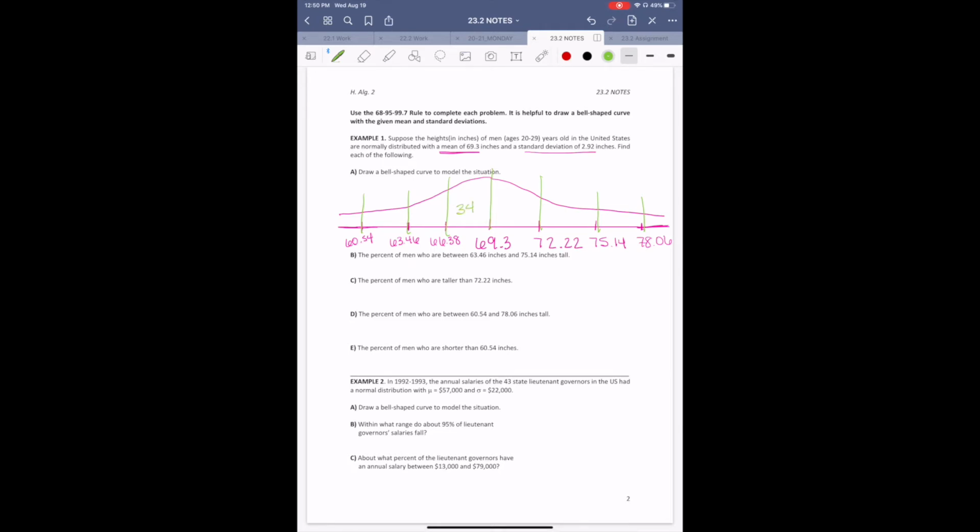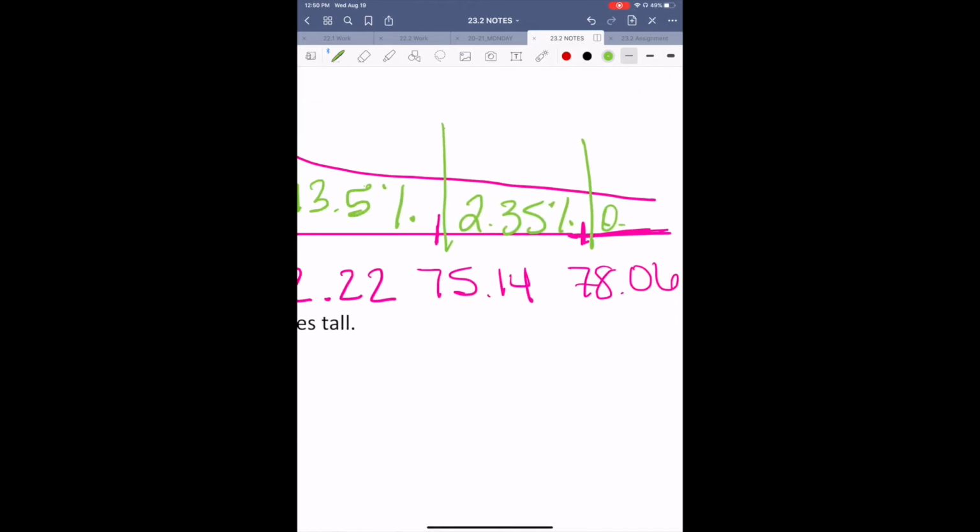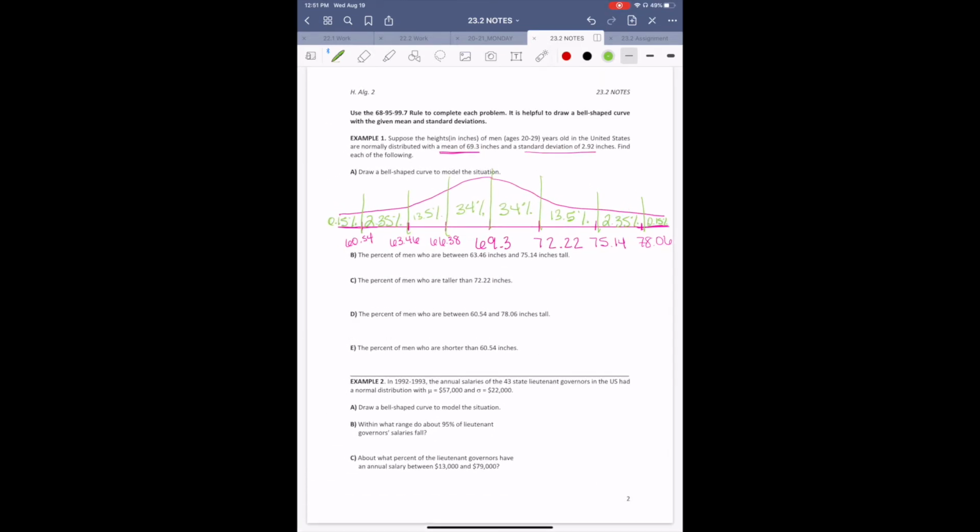So from the previous part of the lesson, we know that each of these is 34%, 13.5%, 2.35%, and anything beyond 3 standard deviations is 0.15%.